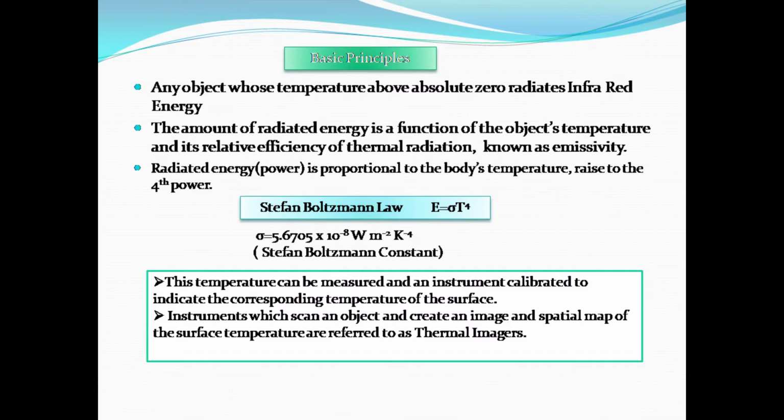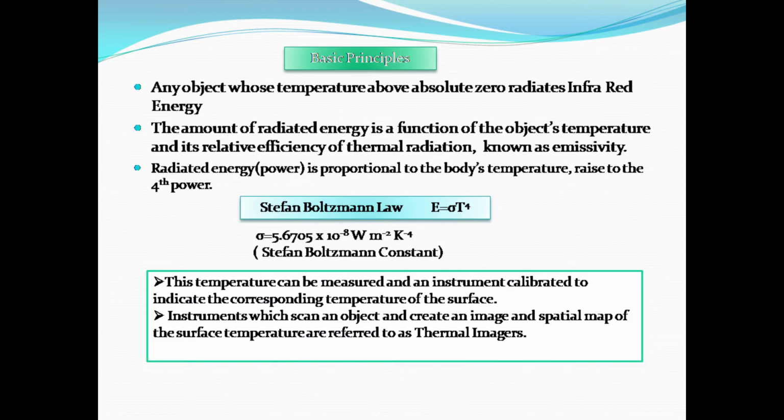Basic principle: any object whose temperature is above absolute zero radiates infrared radiation, as I have already described. The amount of radiated energy is a function of the object's temperature and its relative efficiency of thermal radiation, known as emissivity.